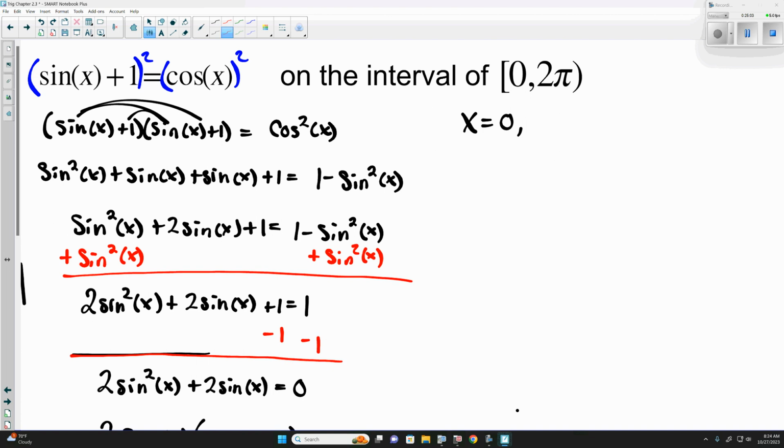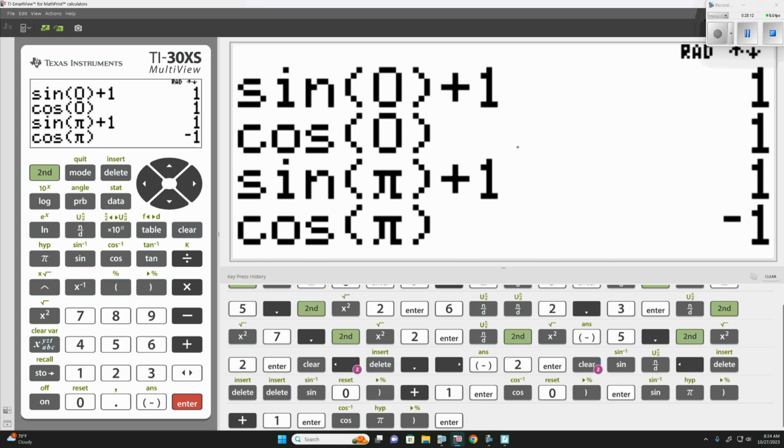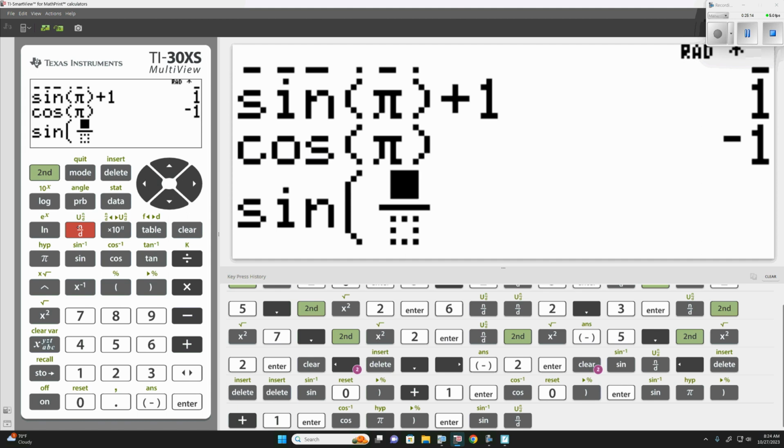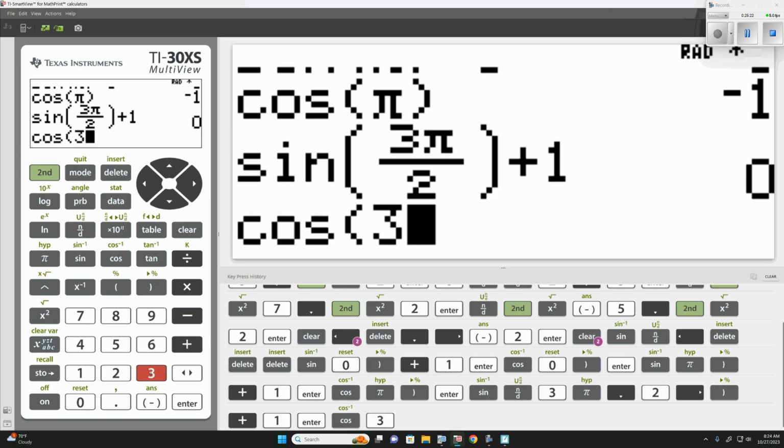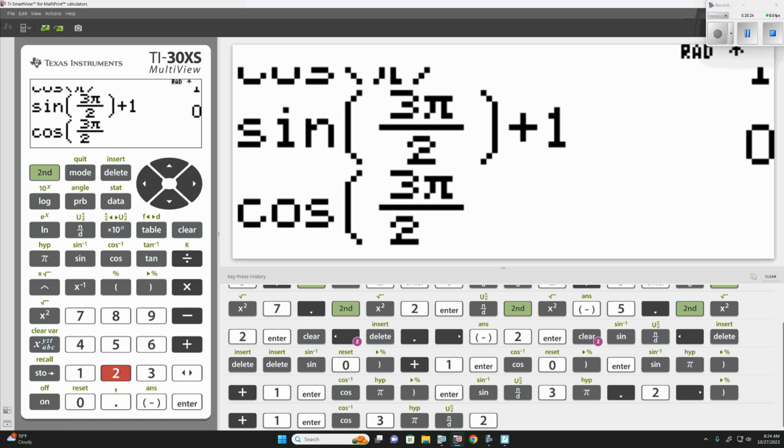So what that tells us is that x cannot equal pi. And the last one was 3 pi over 2. Sine of 3 pi over 2 plus 1 is 0. Cosine of 3 pi over 2 is also 0.